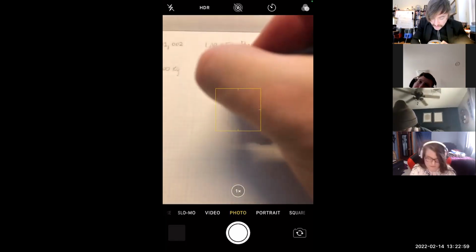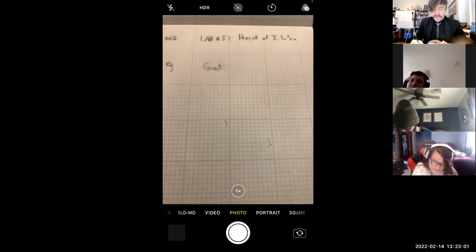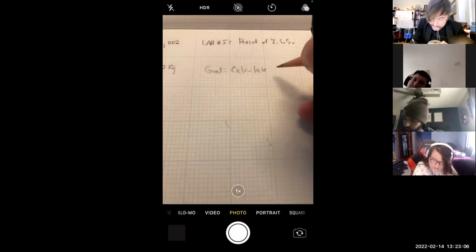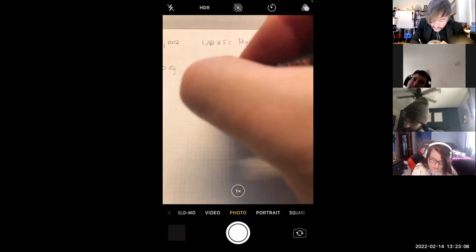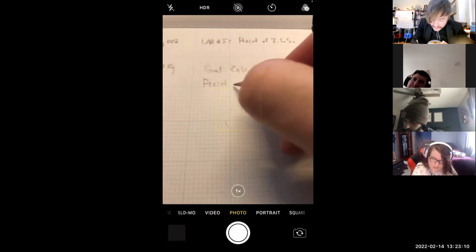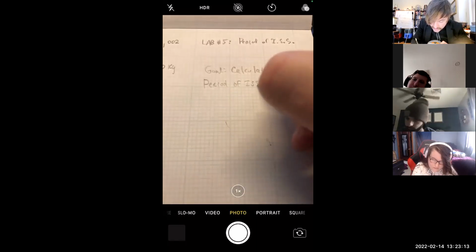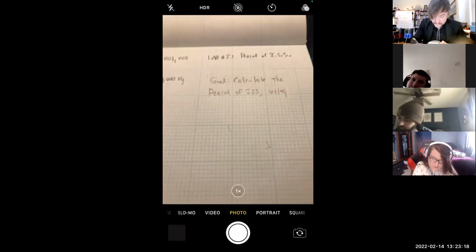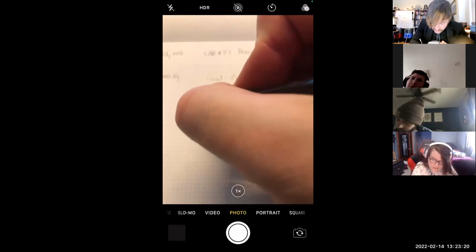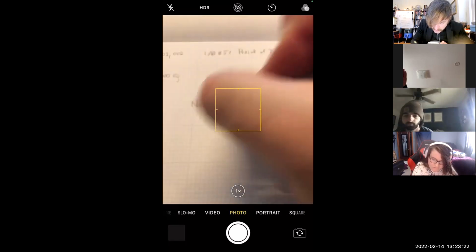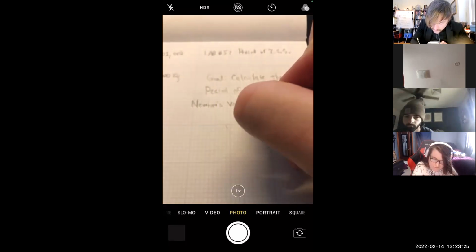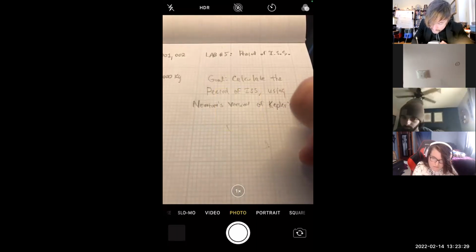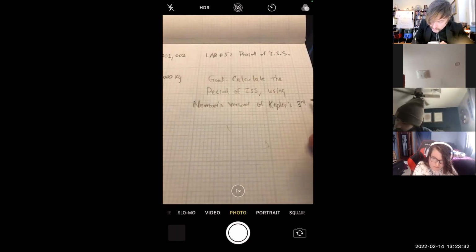Now, our goal today is to calculate the period of the I.S.S. using something called Newton's version of Kepler's third law.